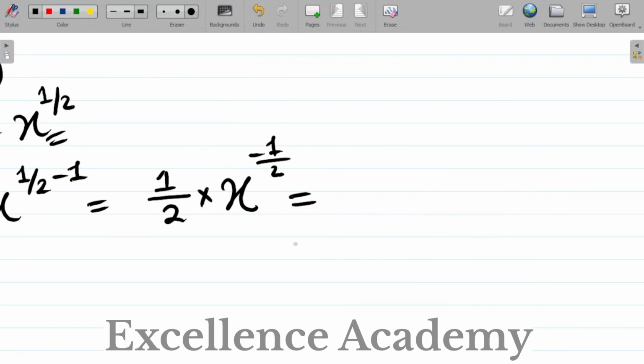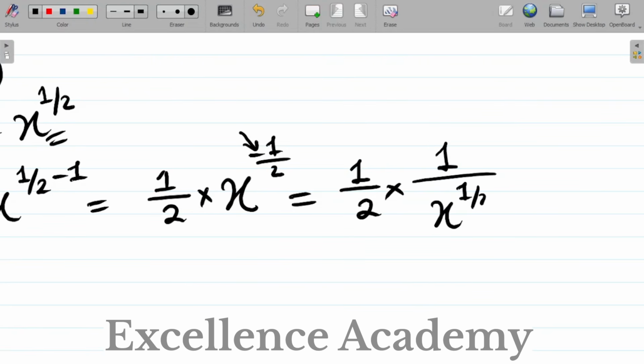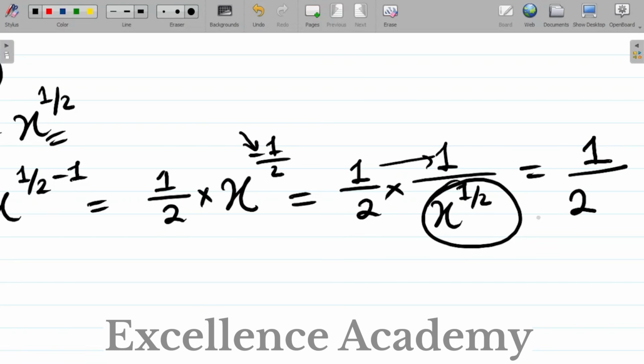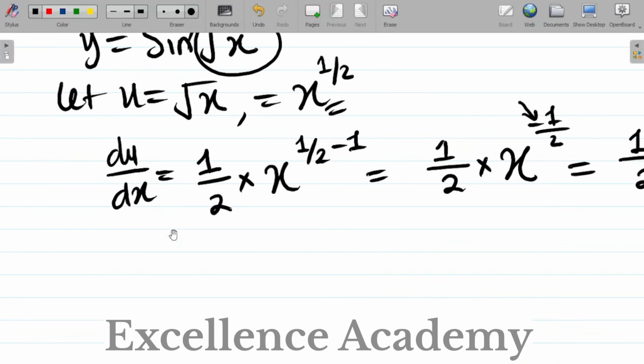This is equal to 1 all over 2 times, because of the negative here, 1 all over x to the power 1 all over 2. This means square root, and that's equal to 1 times 1 is 1 all over 2 times, we said this is square root of x, so 2 root x. This is the value of du/dx.